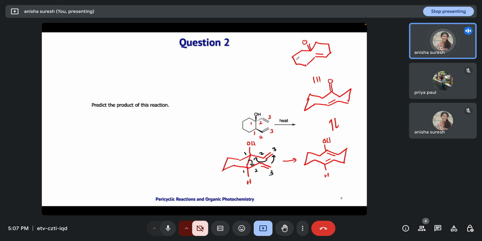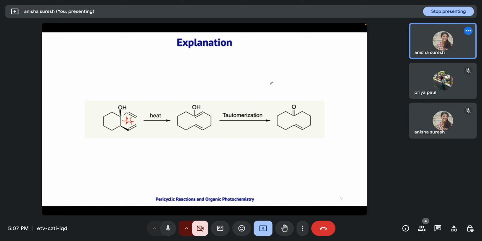This will be the final product formed after the 3,3 sigmatropic rearrangement. First a 3,3 sigmatropic rearrangement takes place, resulting in the formation of this intermediate, which undergoes tautomerization, giving the final product. Is the mechanism clear? Yes, clear. Okay.